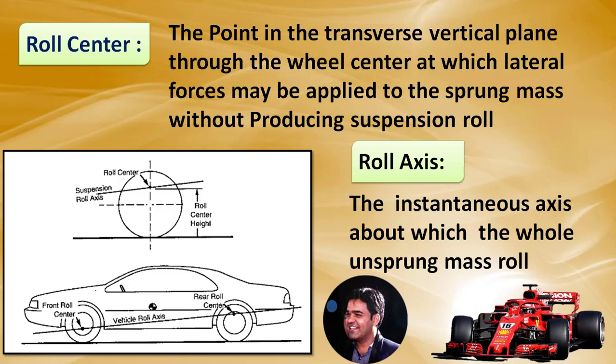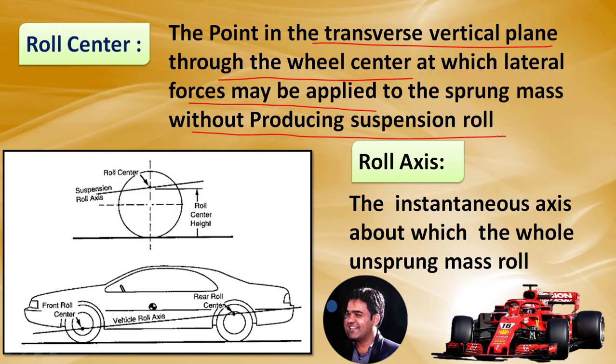So the roll center is the point in the transverse vertical plane through the wheel center at which the lateral forces may be applied to the sprung mass without producing suspension roll. Each suspension system equipped at each wheel has its own roll center.